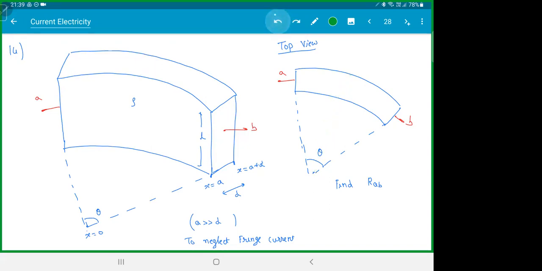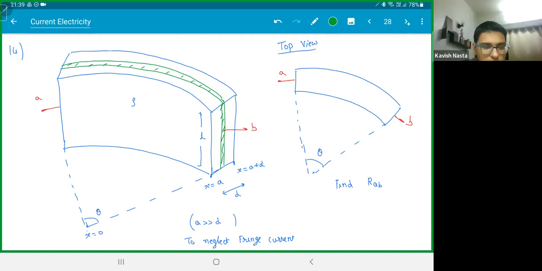So how do you choose an element? This would be a better one. This is how you choose an element. This is how it looks. Are these elements in series or parallel? Parallel, right?